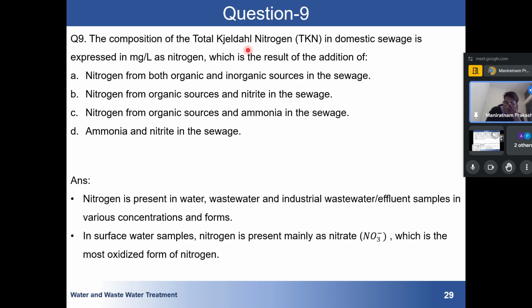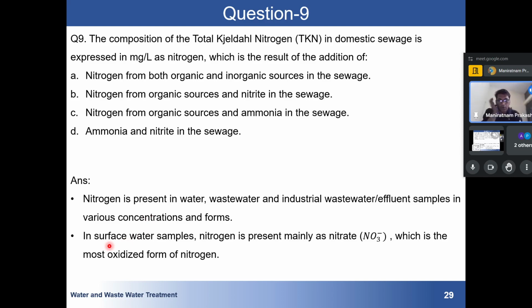So first I will discuss the presence of nitrogen. Nitrogen is present in water, wastewater, and industrial wastewater samples in various concentrations and various forms. Nitrogen is everywhere because the majority of our atmosphere is made of nitrogen. So different forms of nitrogen will be present in water, wastewater, or industrial wastewater.